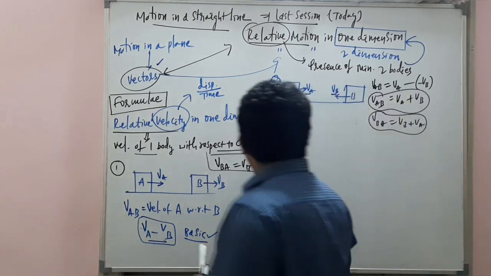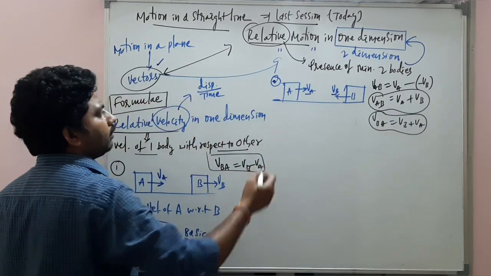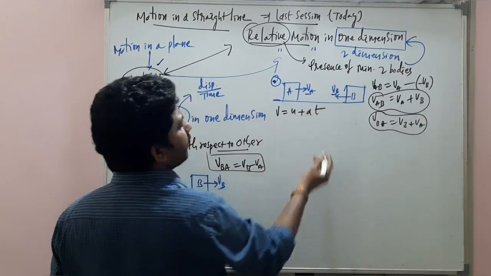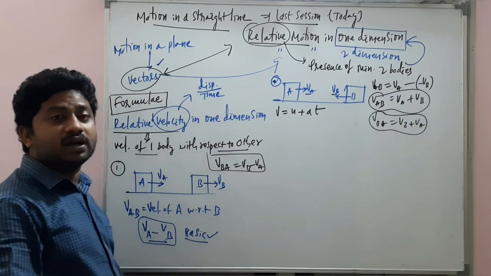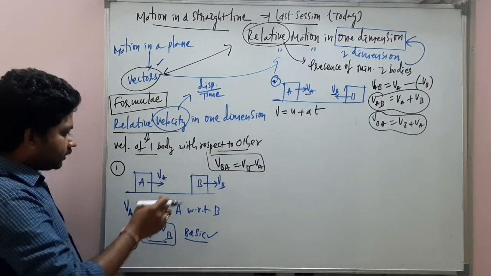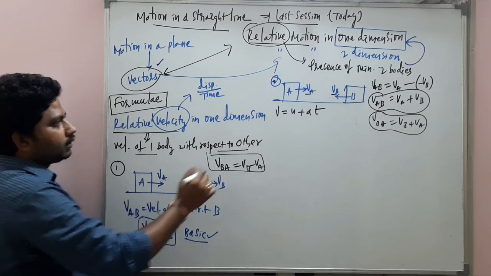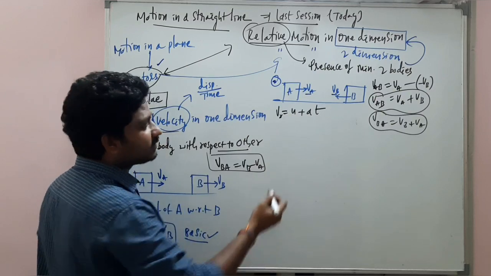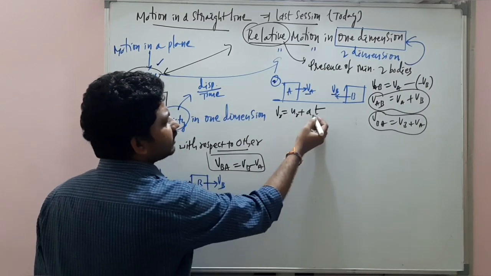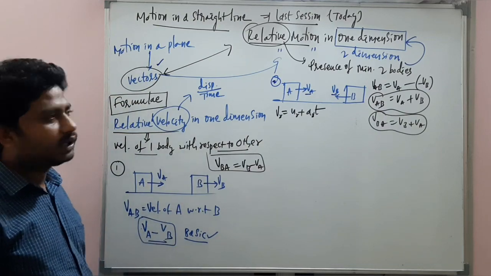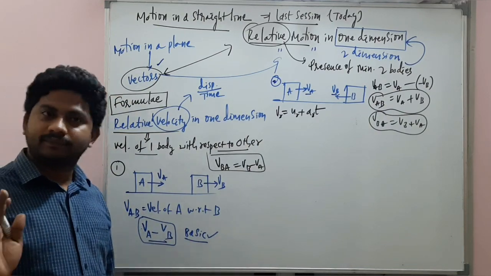Now we have the equations of motion. V is equal to u plus at, and you can apply the relative velocity or relative motion concept here also. Let's take the final relative velocity, initial relative velocity, and relative acceleration. Time cannot be relative.